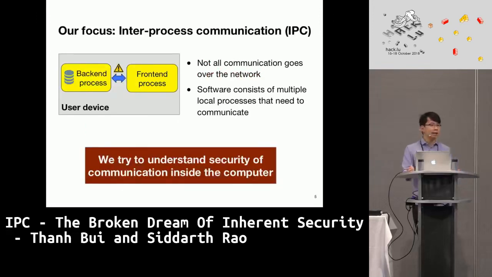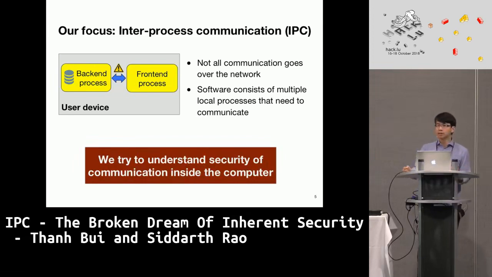However, in reality, not all the communication goes over the network. Certain parts of the communication happen within the computer. For example, software often comprises the front end that provides a GUI and the back end that manages the data. They are separate processes, and they use a mechanism called inter-process communication, or IPC, to exchange data.